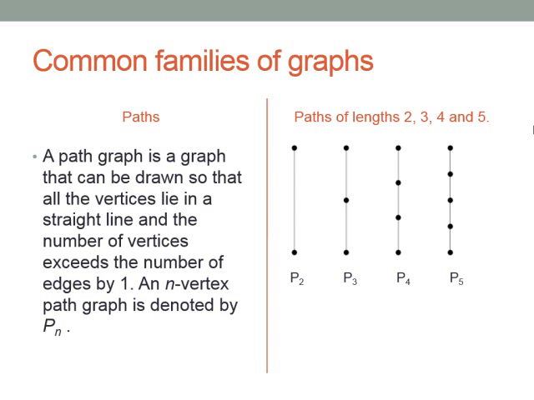As we can see in the right-hand column, a path with two vertices is simply an edge, a path with three vertices has two edges, and a path with four vertices has three edges, and so forth, so you have exactly one less edge than you have vertices. We denote the path with capital P sub n, where again the subscript is the number of vertices.